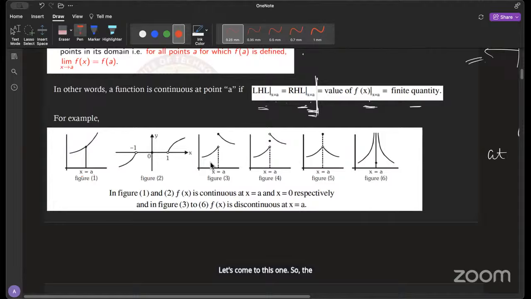So what's the left-hand limit in this one? Let's say this height is t. What's the left-hand limit in this particular example? T. Yeah, t. And what about the right-hand limit? T plus something. That upper value. Yeah, let's say the function is f, then it should be f(a), right? Because this point is included here.